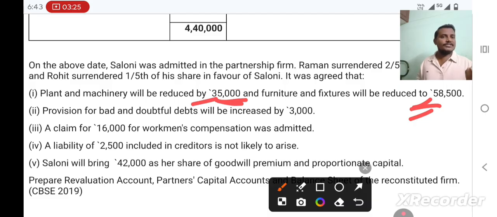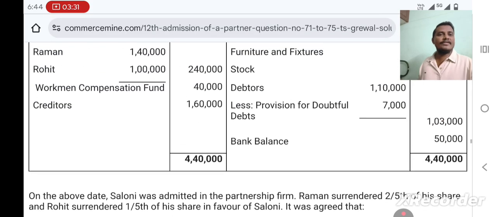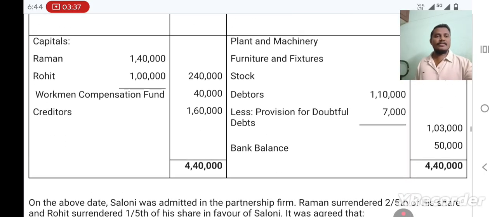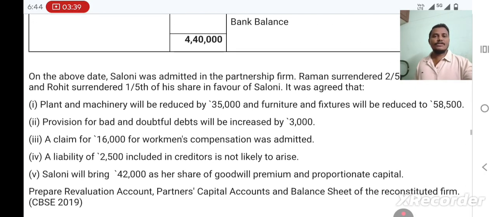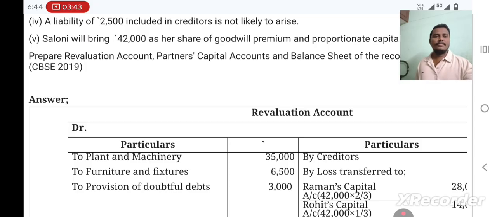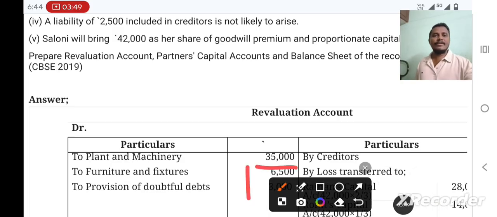Furniture and fixtures is also reduced, so to furniture and fixtures the amount will be 58,500, with the balance sheet showing 65,000. The difference between 65,000 and 58,500 gives you 6,500. That will be recorded in the debit side of the revaluation account.